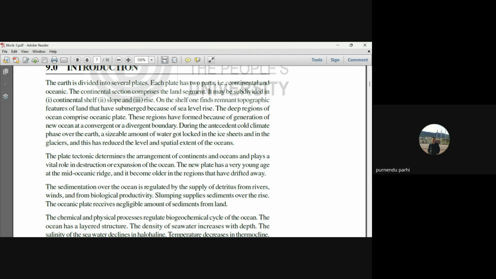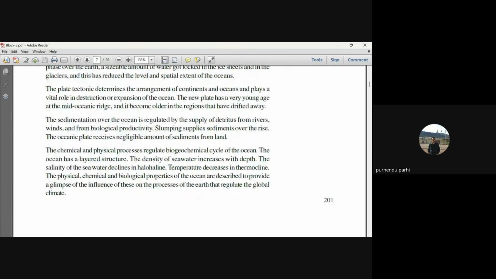The sedimentation over the ocean is regulated by the supply of detritus from the rivers, wind, and from the biological productivity. Slumping supplies sediments over the rise; the oceanic plate receives a negligible amount of sediments from land. The chemical and physical processes regulate the biogeochemical cycle of the ocean.